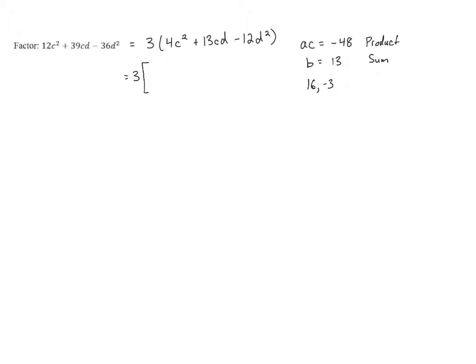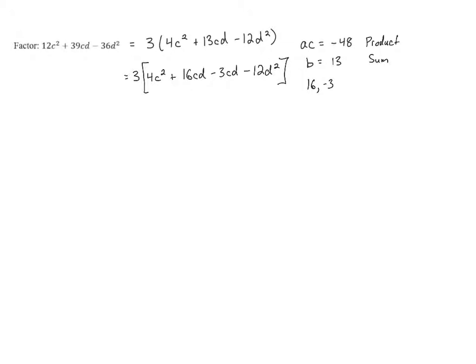You'll see in just a moment how this should make things a little bit clearer. Now, we're using the AC method, so we need to split that middle term. So the 4c squared is going to stay there, but then the 13cd is going to turn into a 16cd minus 3cd, and then we also have that negative 12d squared at the end.